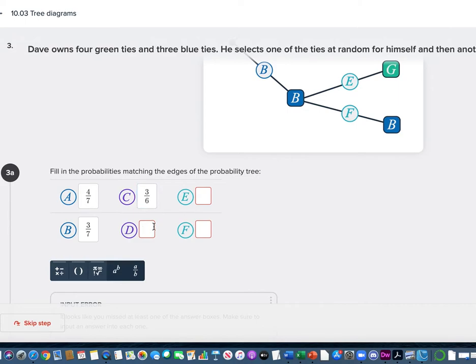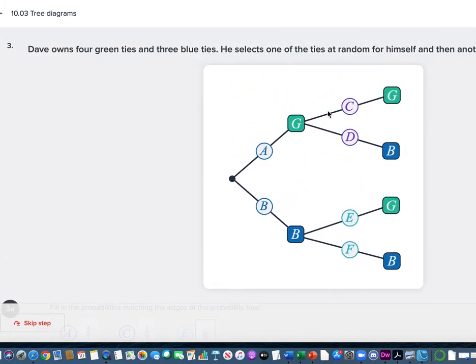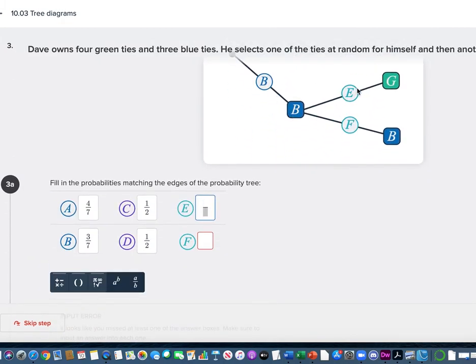Alright, in the meantime, the blue tiles haven't changed, but what happens is the total has changed. Now, we might be able to use 3 over 6, but I think they want us to simplify the fractions. So we can do the same thing with the next one. So he's gone blue first, then green.